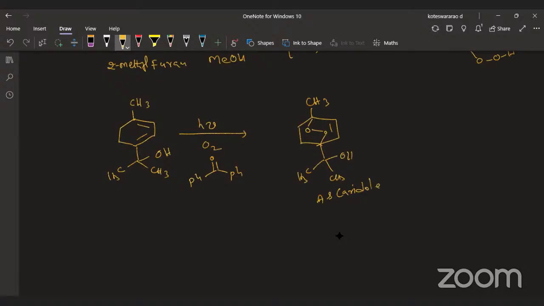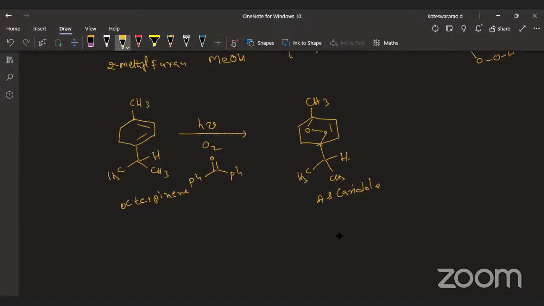This is ascaridole, from alpha-terpinene.